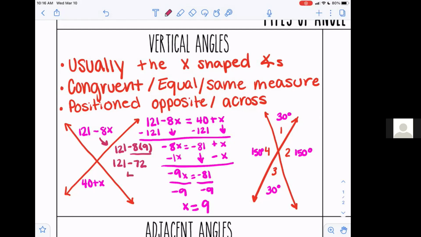Gave me 49. We can check the other one by saying, well, 40 plus our x value of 9, so 40 plus 9 did equal 49. Those 2 measures were equal, they were congruent, so we know we solved these problems right.